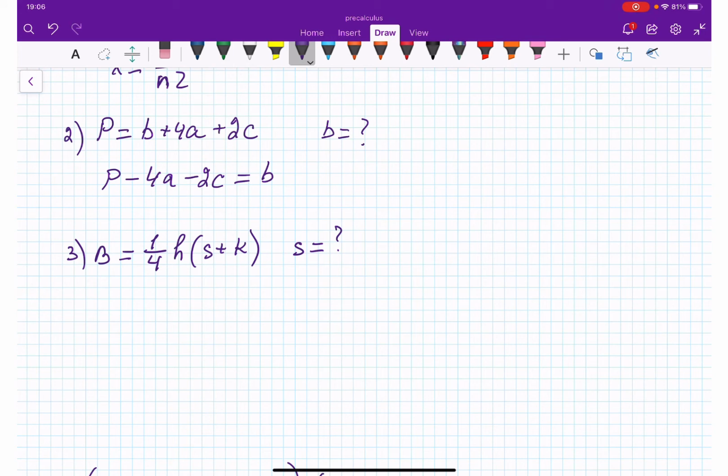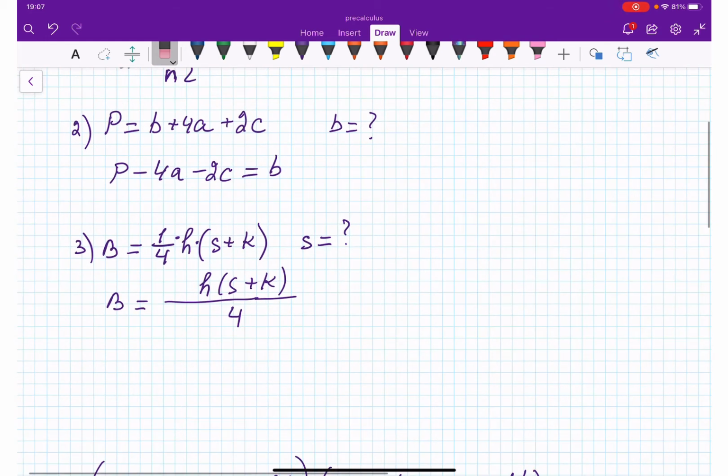Let me write it down like this. B equals, since between them is multiplication, I can write 1 times H and S plus K, divided by 4. Well, the 1 I don't have to have. I was just showing what I'm doing.